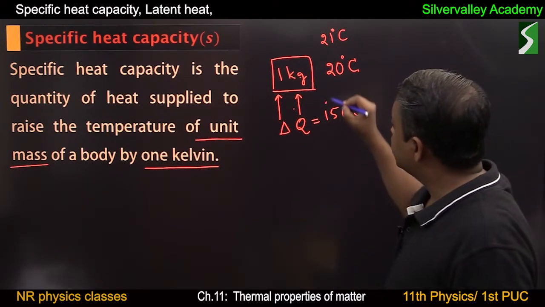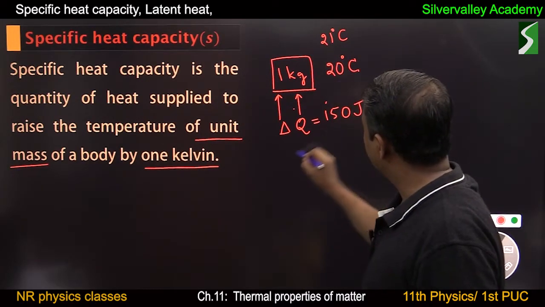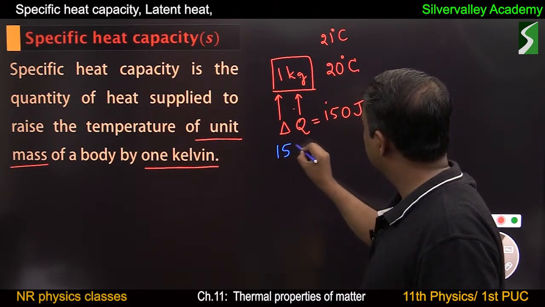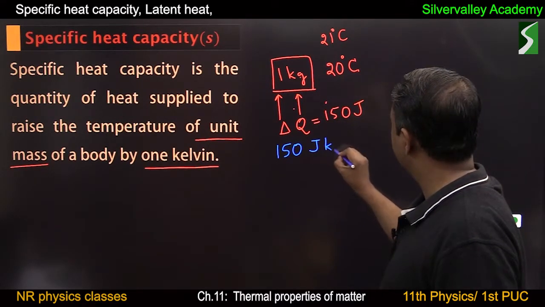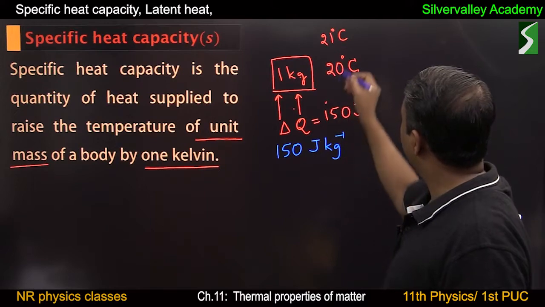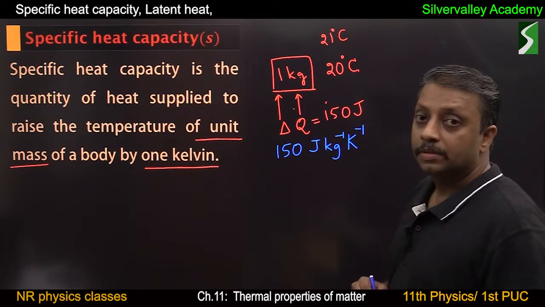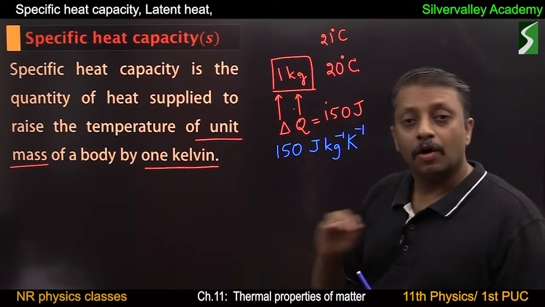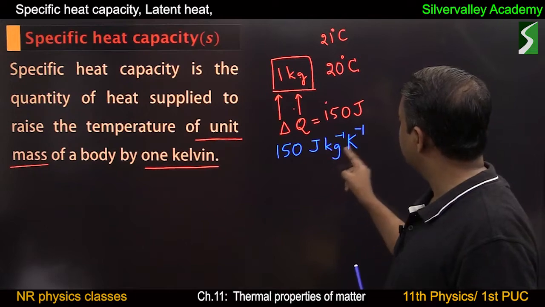Then specific heat capacity of this body is said to be 150 joule per kg per Kelvin. So specific heat capacity or simply specific heat of this object is 150 joule per kg per Kelvin.